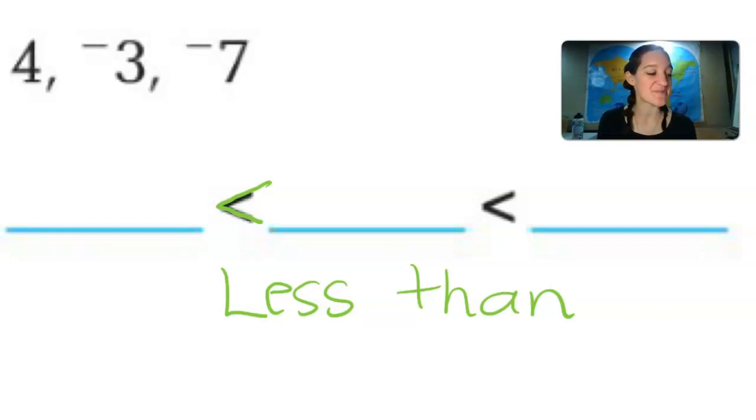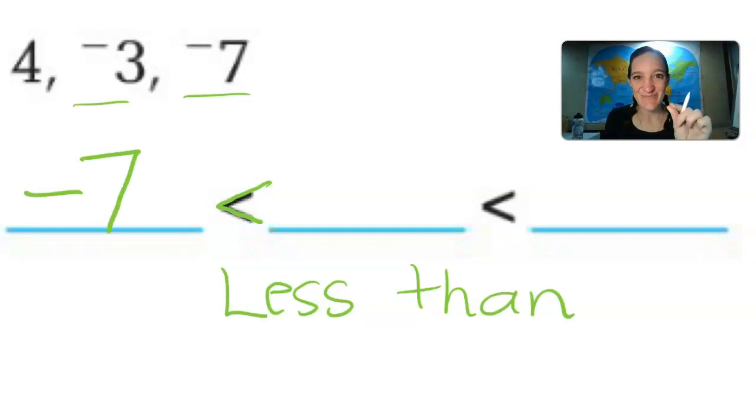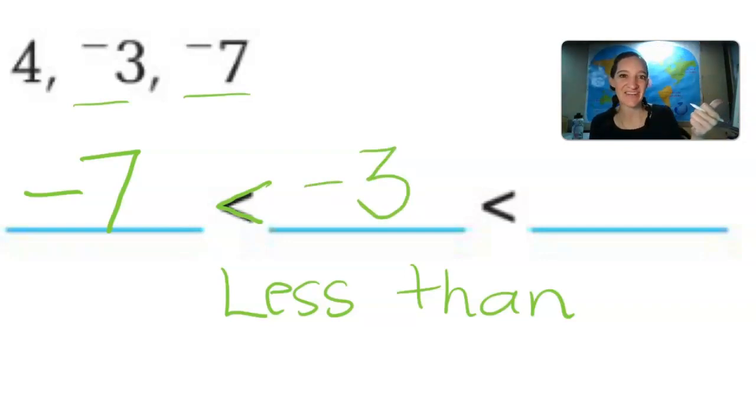And we have 2 negatives. We have -3 and -7. Well, -7 is the biggest negative, isn't it? It's the furthest away from 0 on the number line. So -7 is the smallest number. Followed by -3, because that's also negative, but it's to the right of -7, isn't it? It is closer to 0 than -7 is.